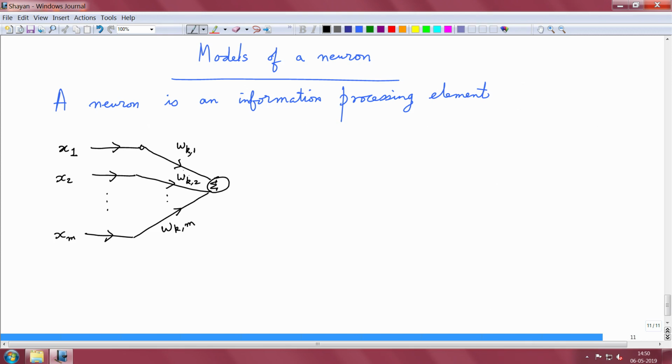It is basically scaling these inputs, and then we add a bias which is bk, and at this stage I would say it is a linear combiner.